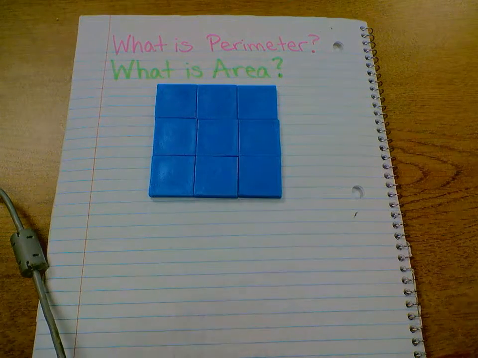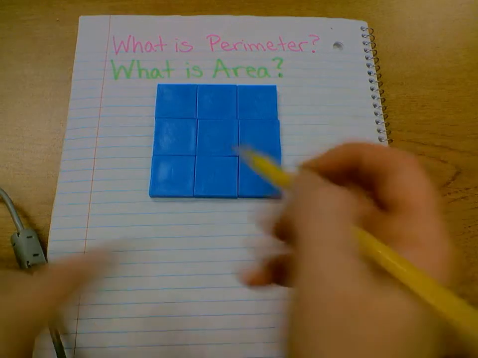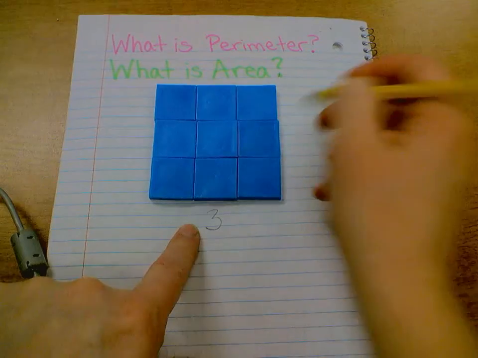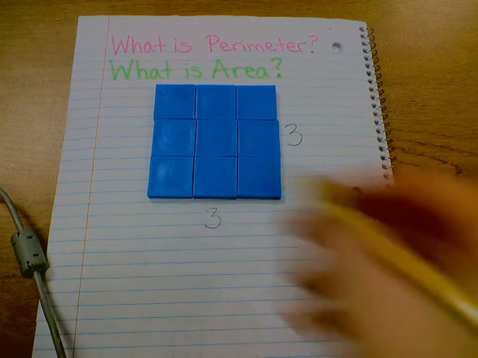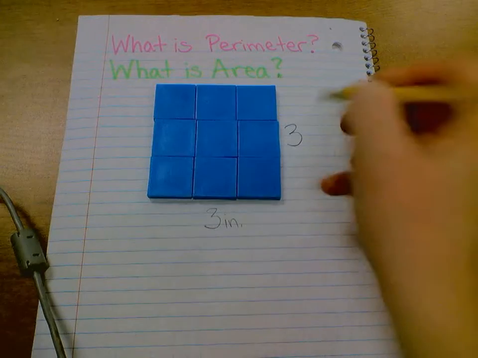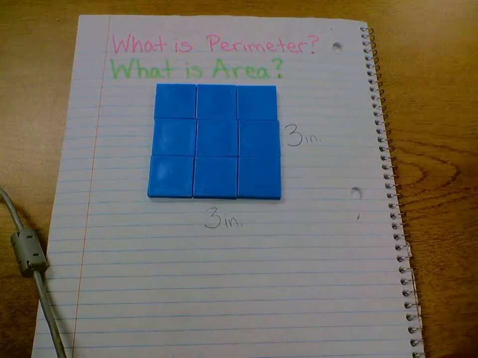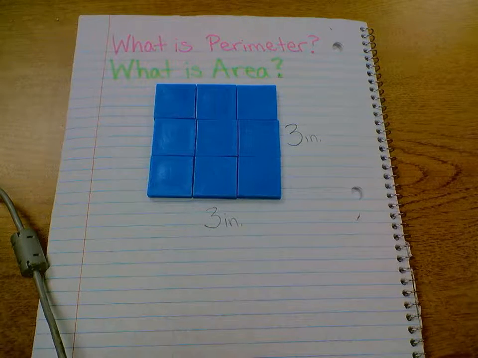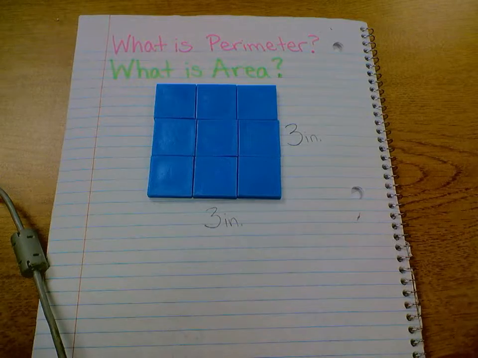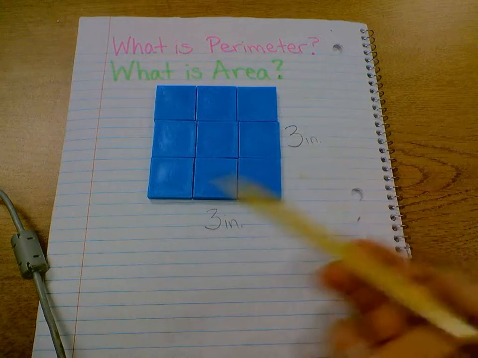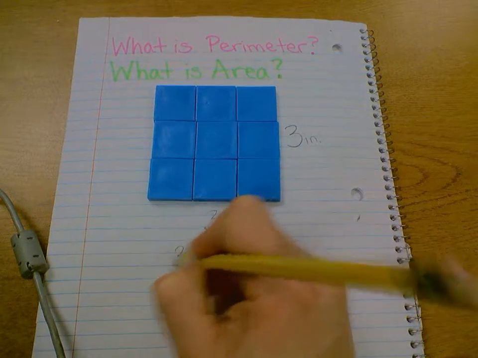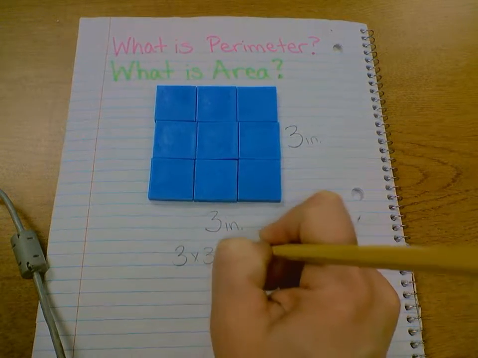Okay, and now I'm going to write the dimensions. I said that this was a 3 by 3 inch array. Now, when we go to solve this array, we think, okay, well, what's 3 times 3, right? 3 times 3 equals 9.